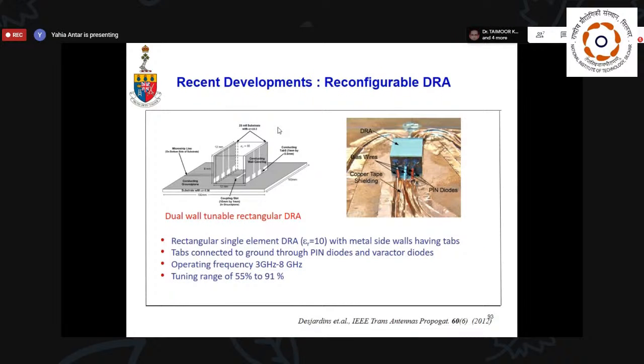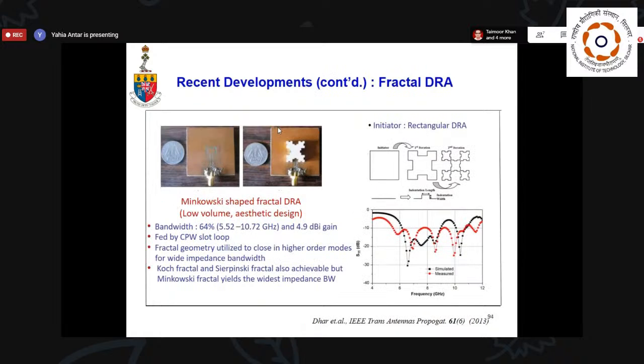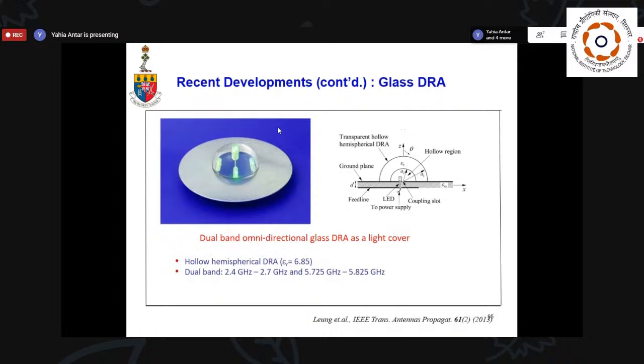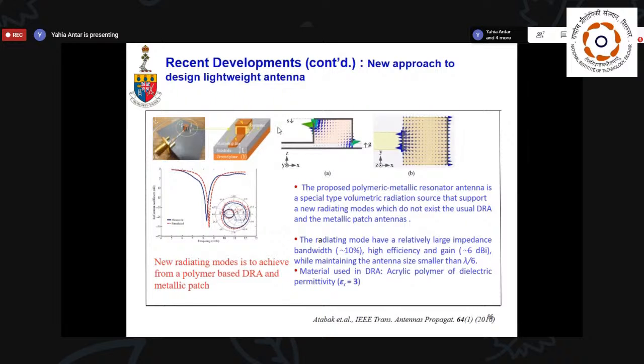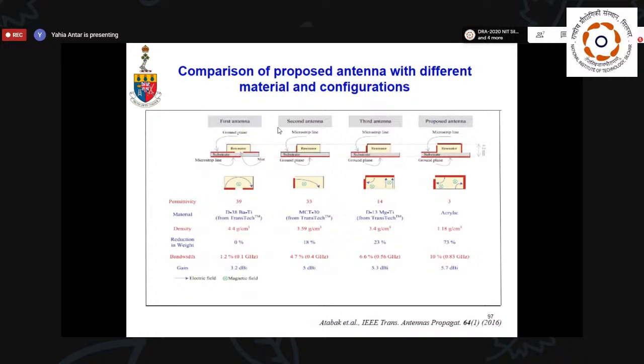There are more recent developments on the various configurations of DRA. I think you've seen some of this here, recent developments in DRA. I am not going to talk too much about some of these developments.